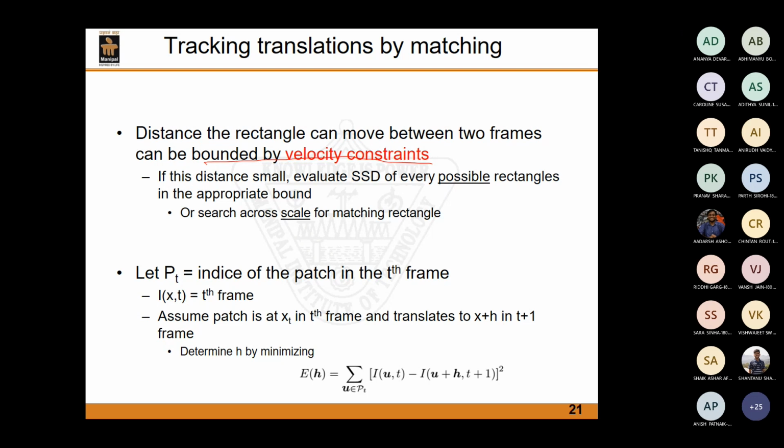So another way we can improve this method, that is the tracking by matching method which was discussed right now, is by using the Gaussian pyramid. If you remember, you have a particular image, a high resolution image, and then you keep reducing the resolution.